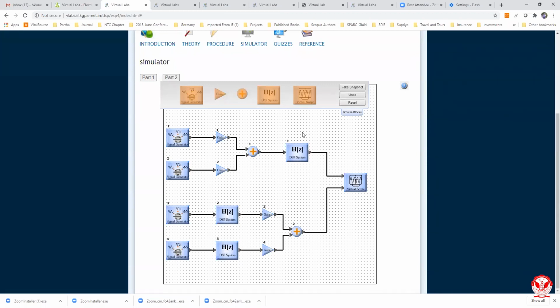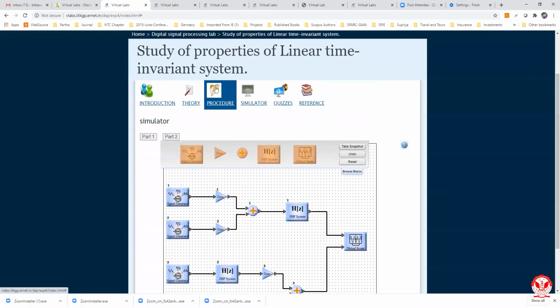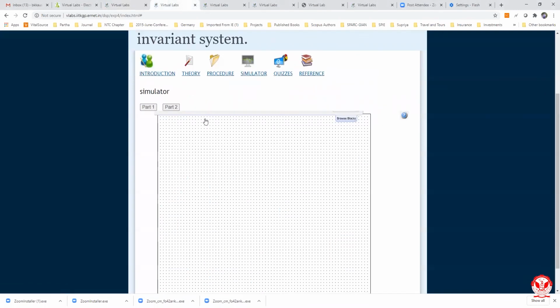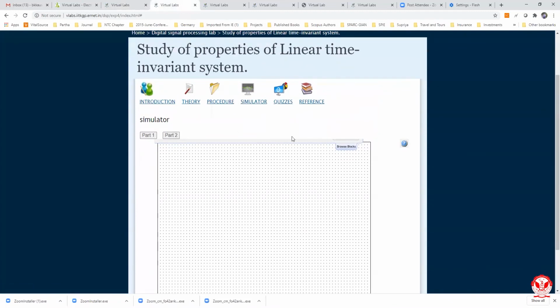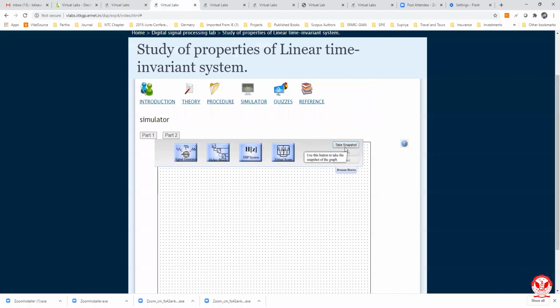Part 2 deals with time invariance. Now move to part 2. Again, here in part 2, we will click on the browse block button. A window appears.